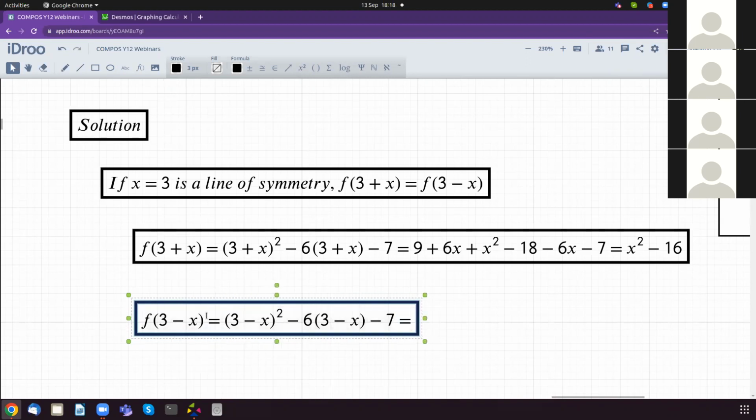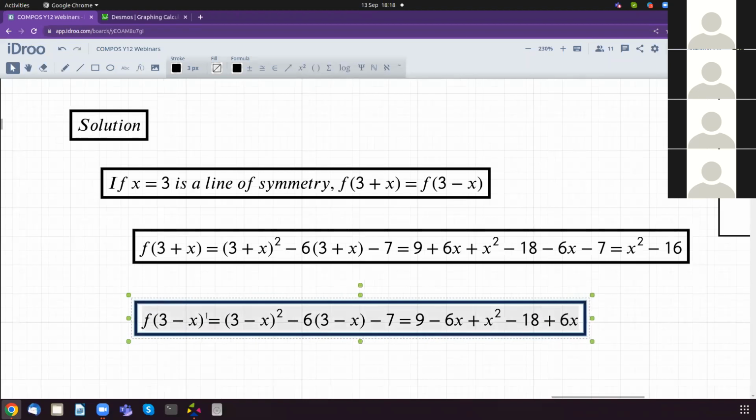We expand: 9 minus 6x plus x squared minus 18 plus 6x minus 7. So minus 6x and 6x goes away, and we're left with x squared, and 9 minus 18 is minus 9, minus 7 is minus 16.